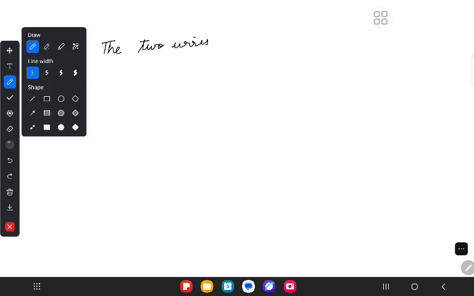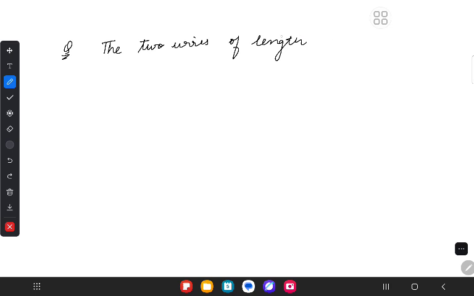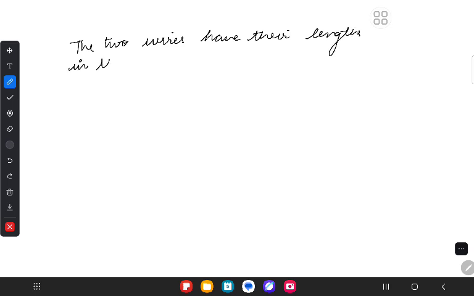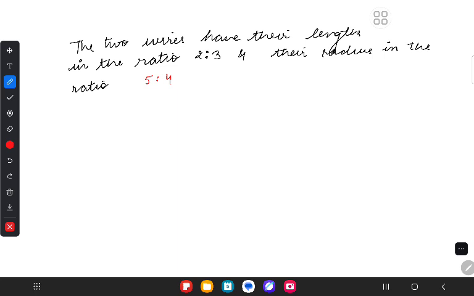Third question similarly tells you that the two wires have their lengths in the ratio 2 is to 3 and their radius in the ratio 5 is to 4, right?